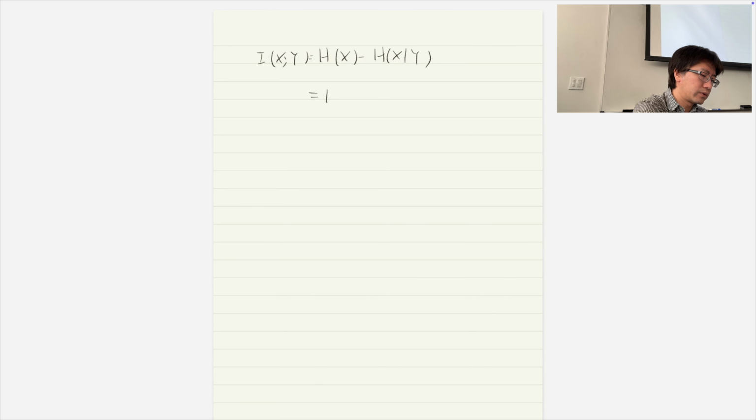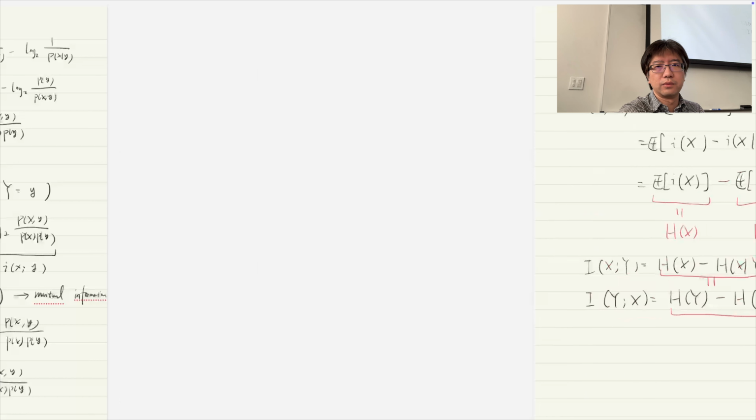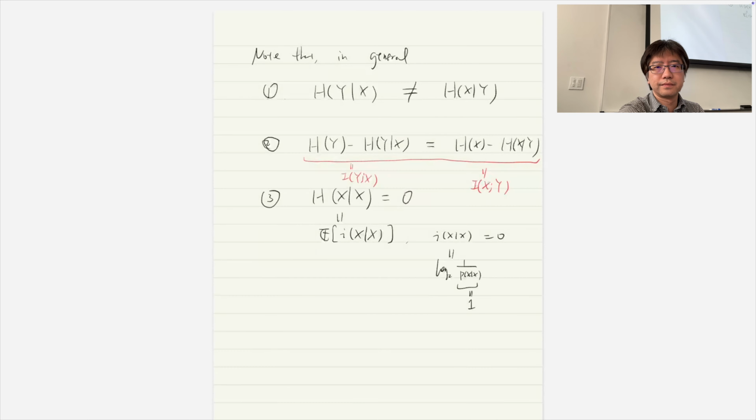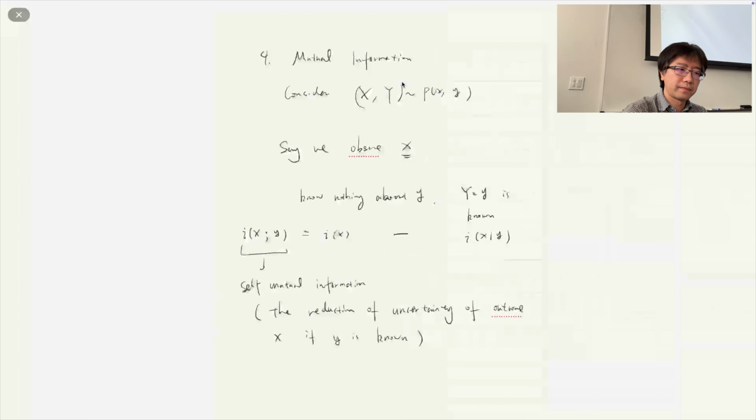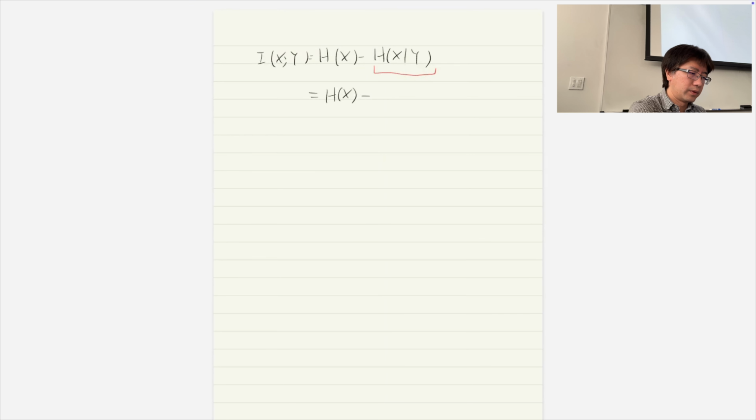The way we're going to do that is as follows. For this guy, can we write that as a function of the joint entropy? Yes, we did it here: H(Y) equals H(X,Y) minus H(X given Y). By using that, we can write the second term as the joint entropy minus H(Y).